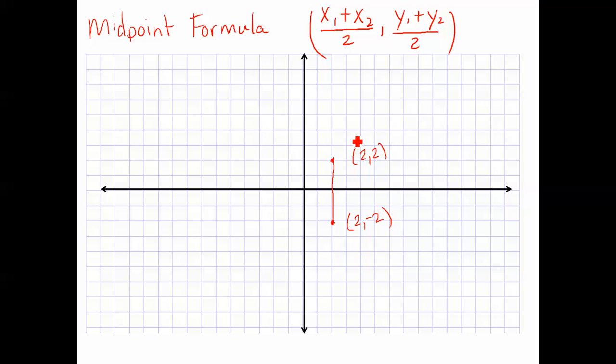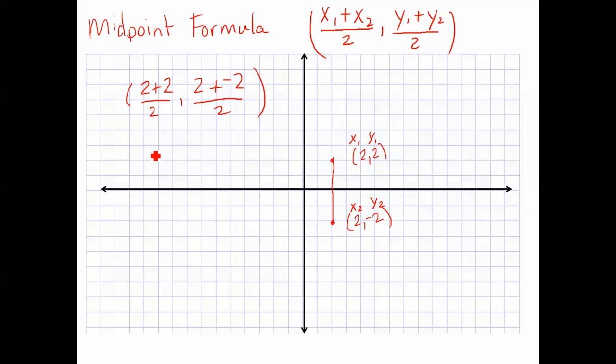So I label my points x1, y1, x2, y2, and I plug them into my formula. So x1 is 2 plus x2 is 2 divided by 2, comma, y1 is 2 plus negative 2 is y2 divided by 2.